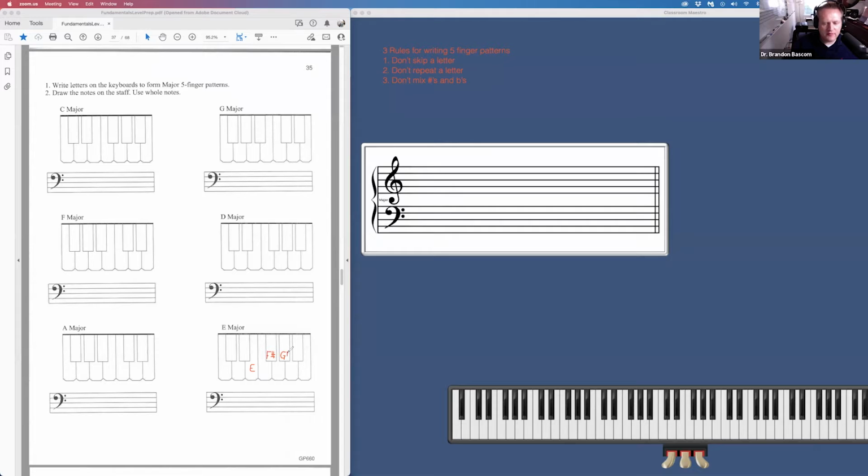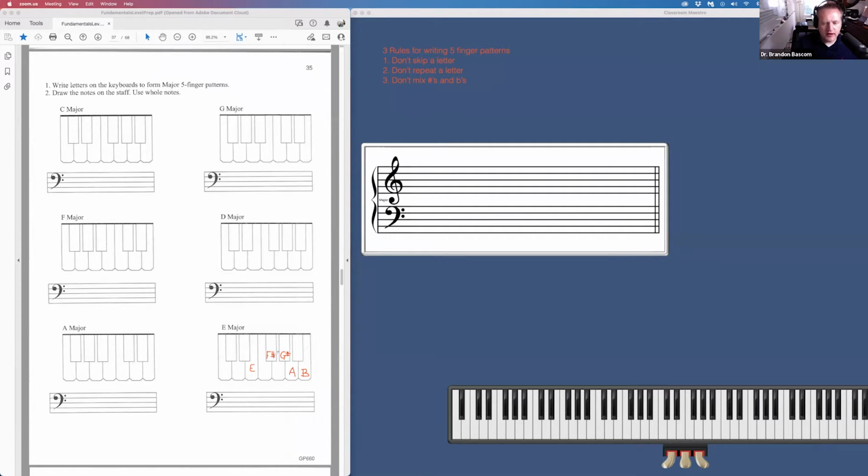Again, if I called that A flat, I would have skipped the letter G, and I would have had a problem. Up a half step, A. Up a whole step, B. I didn't skip any of my musical alphabet. A, B, C, D, E, F, G. E, F, G, A, B. I did not skip a letter. I did not mix sharps and flats. I did not repeat a letter.